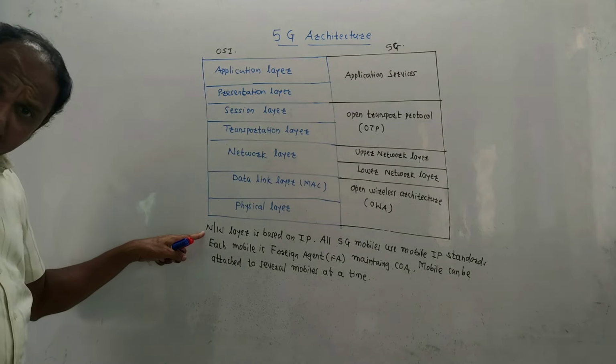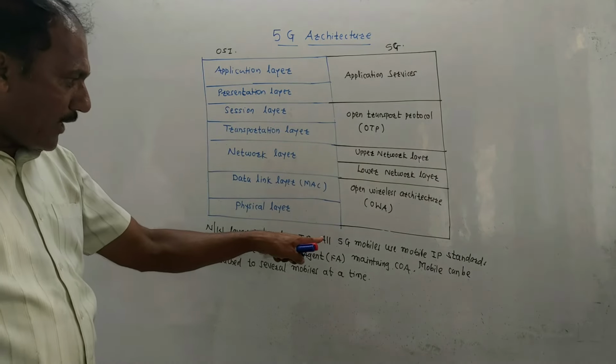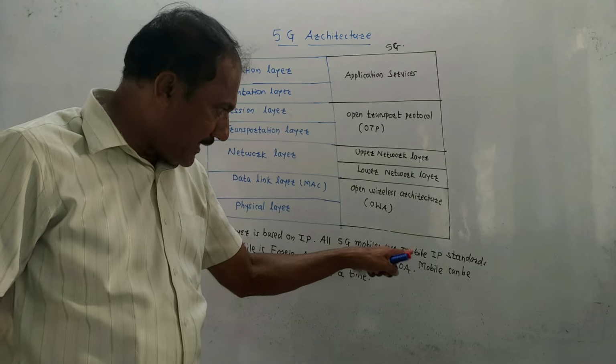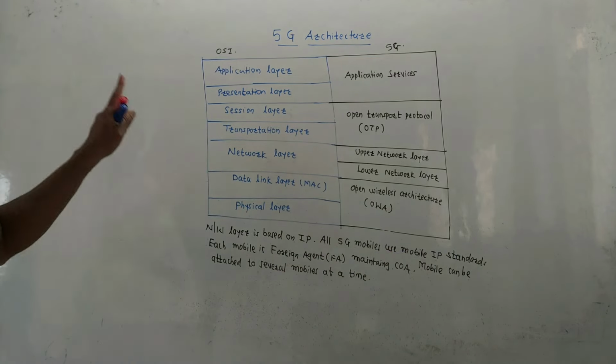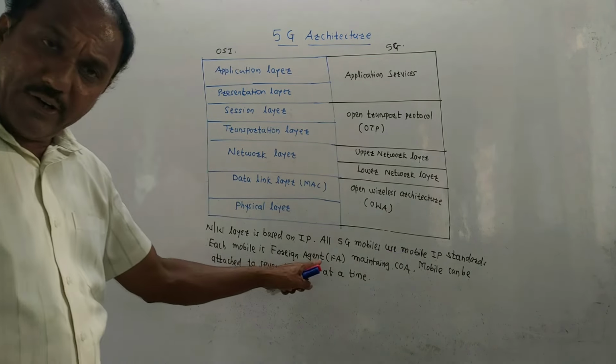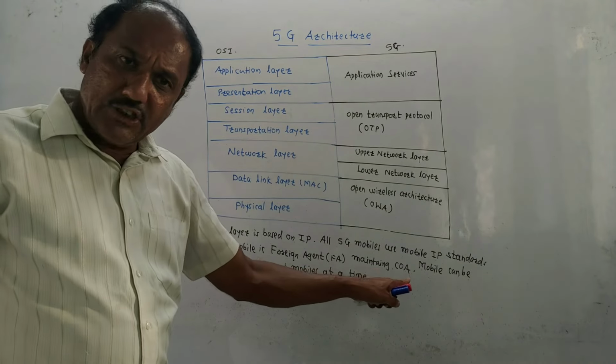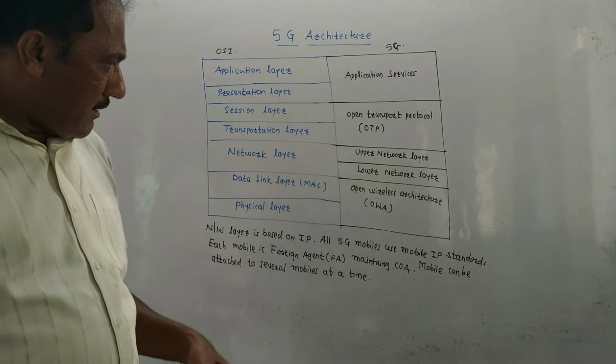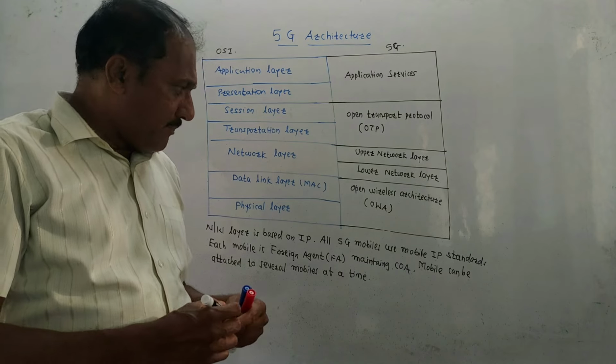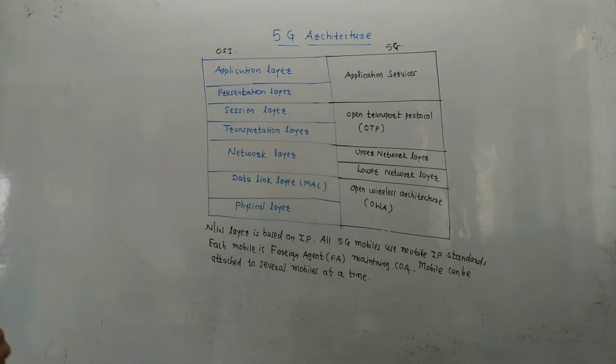The network layer is based on IP, and all 5G mobiles make use of IP standards. In this case, each mobile is a foreign agent maintaining a COA, that is care-of address, and a mobile can be attached to several mobiles at a time.